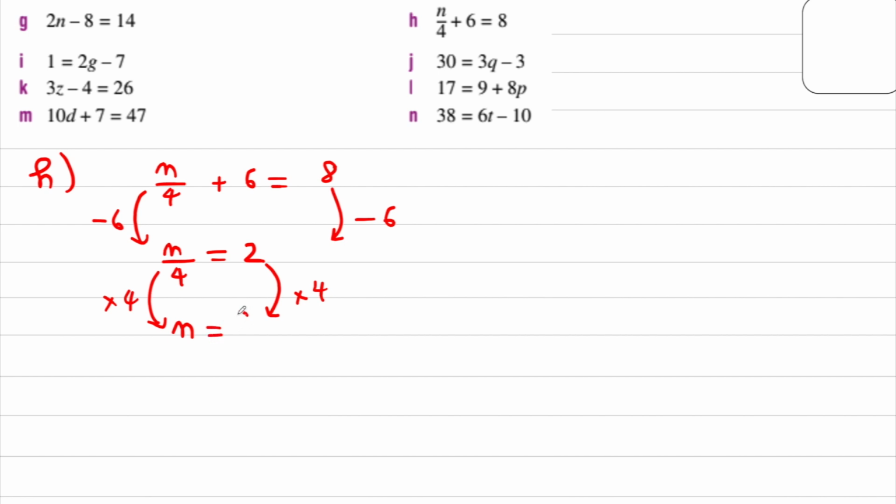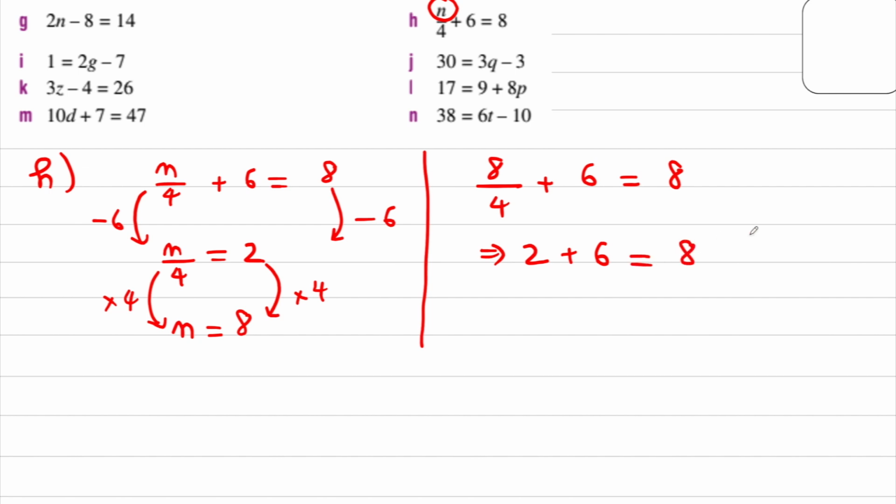Here is n, and this one will be 8. Checking my solution, substitute 8 for the value of n: 8 divided by 4 is 2, plus 6 equals 8. Okay, we finished question H.